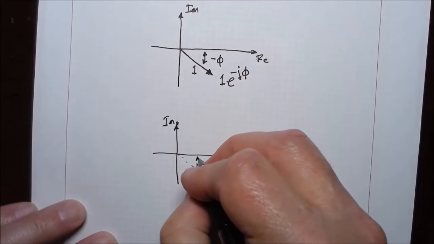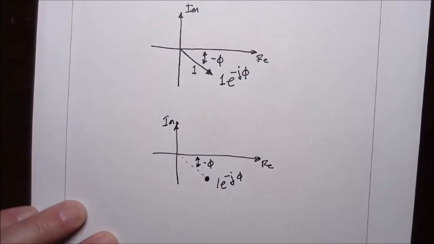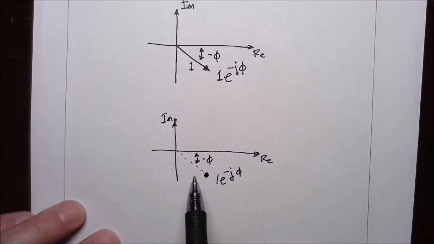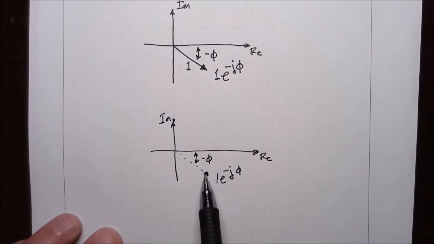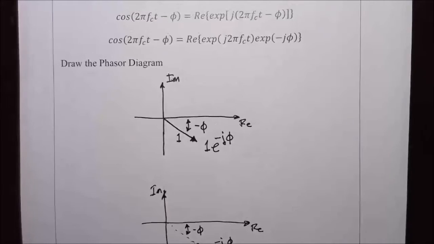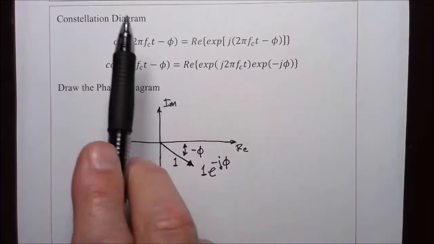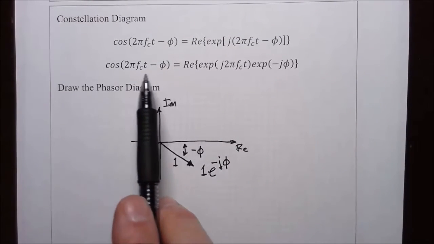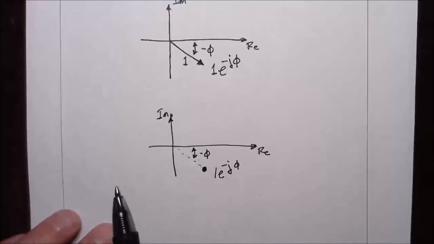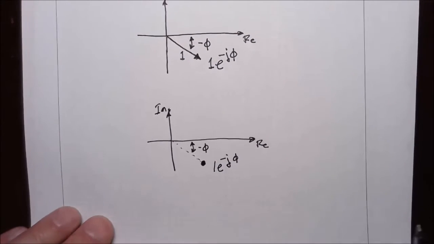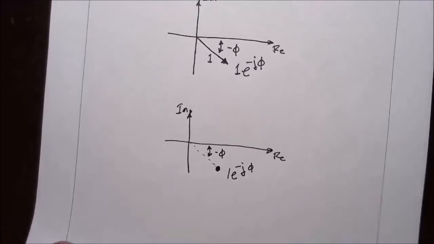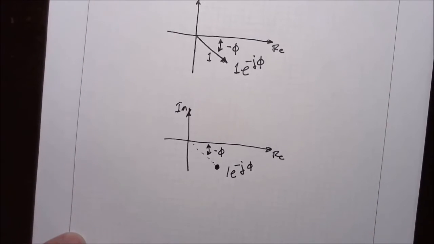Phi is this, minus phi is this angle again. And instead of drawing the arrow phasor, just draw the dot at the tip of the arrow. And now we've drawn a constellation diagram for this signal. It's not a very interesting constellation because it's only got one star in it. But we'll find with these phase shift modulated signals that the constellation diagrams are a little bit more interesting.